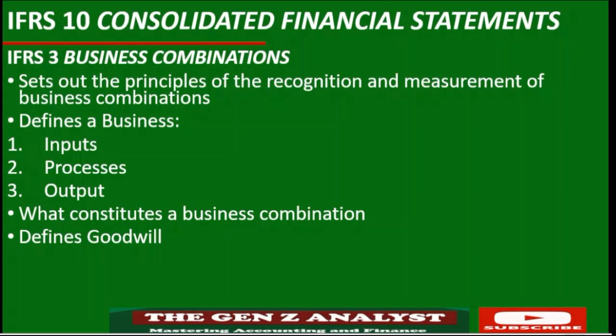Now, when the goodwill is negative, it is called a gain on bargain purchase. We will look into that in more detail as we progress. For now, this is just an introductory video, so just calm down. You will understand everything as I make more videos on these concepts.